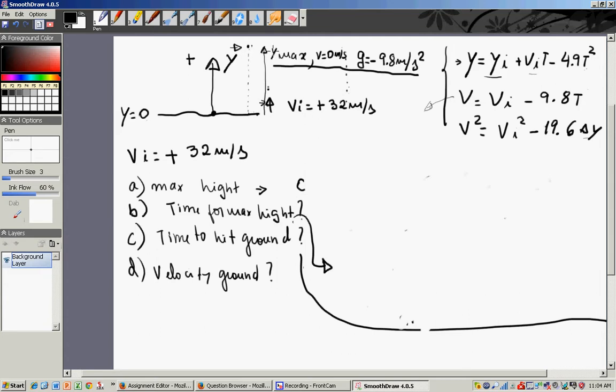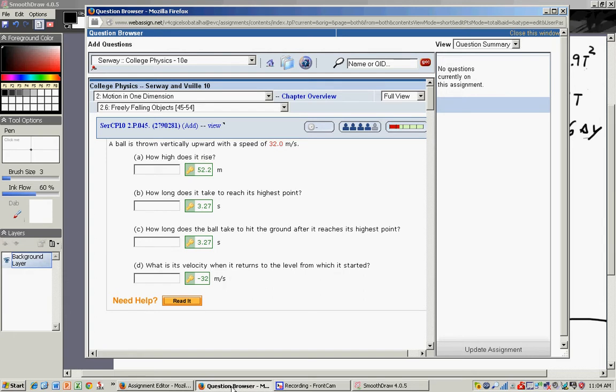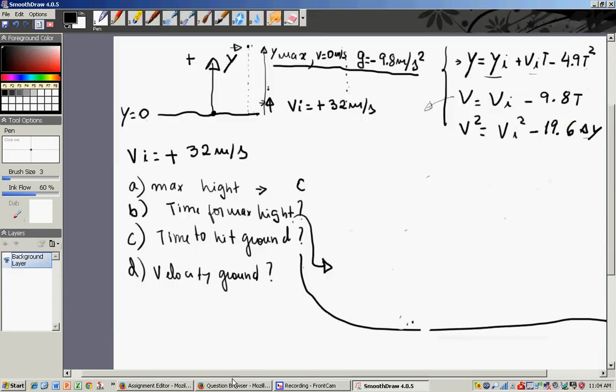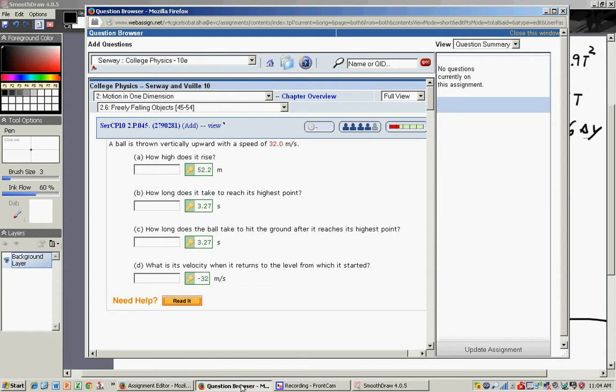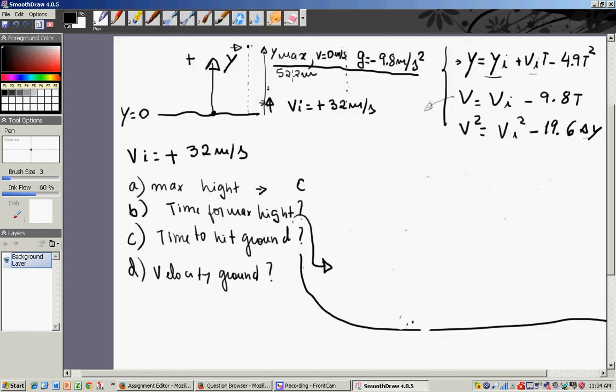I have an initial situation in which the ball is at y max. Let me just get a solution so I can use that. The y max we calculated is 52.2 meters, right?